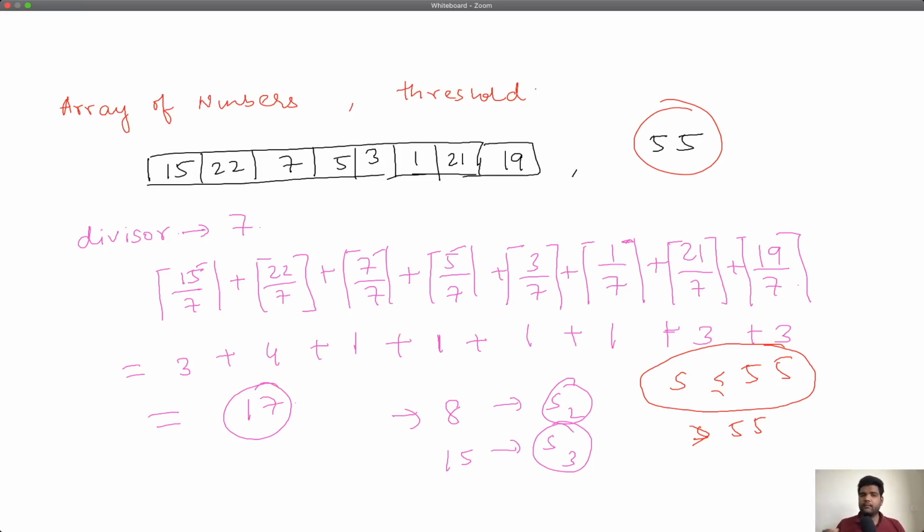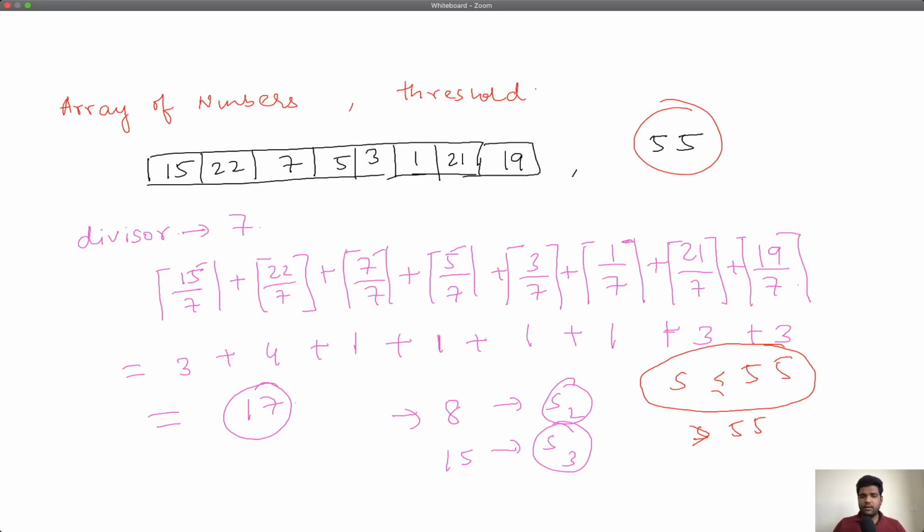So now, if you don't understand this question, you have the description of this question also. You can go through it and try to deconstruct this question. But let's move on and think about how to go about approaching this problem.